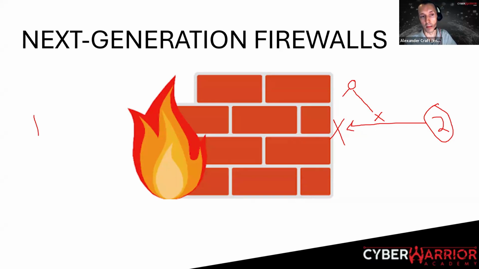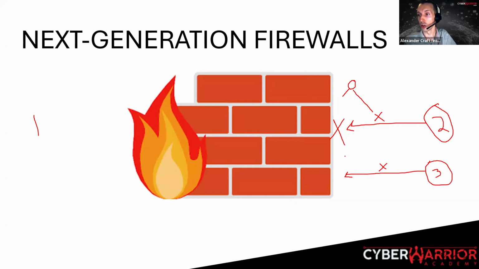So if a threat comes in from device 2, or let's just say device 3, because we bullied device 2 enough, and device 3 is trying to come into our network with a type of malware we have not seen before, a normal firewall would not be able to catch that.